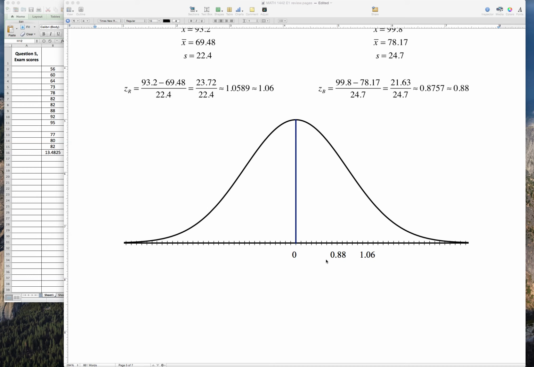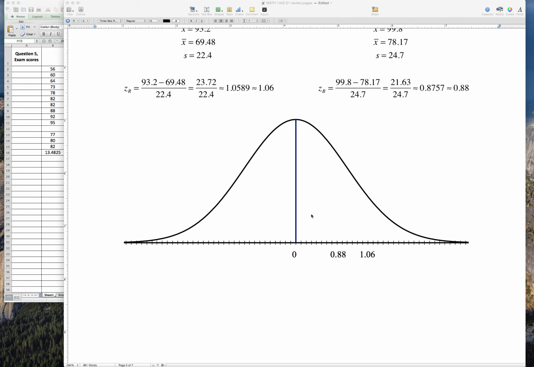And 93.2 would be Ben Roethlisberger's score over here. Similarly, if this distribution represented Henry Burris's, this mean would not be 0. It would be 78.17 right here instead of 0. And then his passer rating of 99.8 would be over here, right here where the 0.88 is.